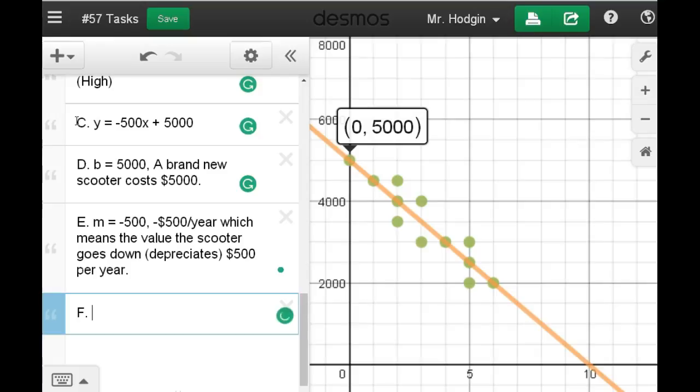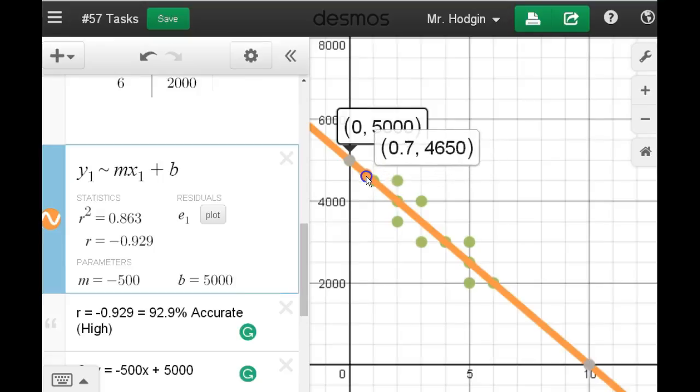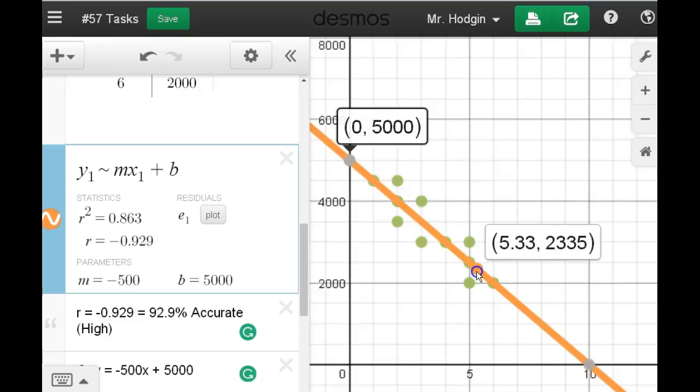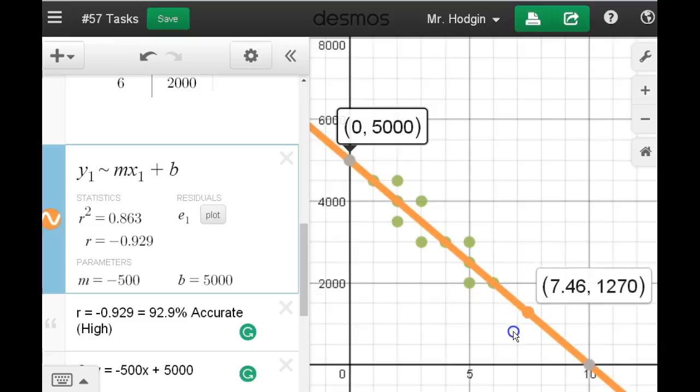So it says estimate the value of the scooter that's 9 years old. So let's click on your line and move this to 9, where x equals 9, and see what the value is. Here's where you can use your line of best fit to predict. So I can take this all the way down to here. There it is, 9.